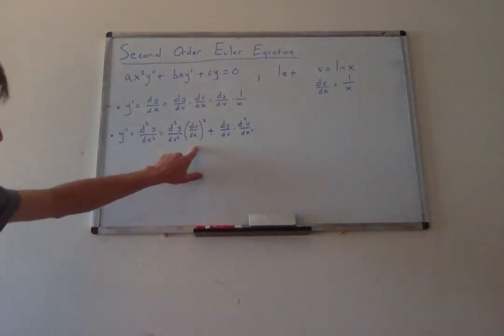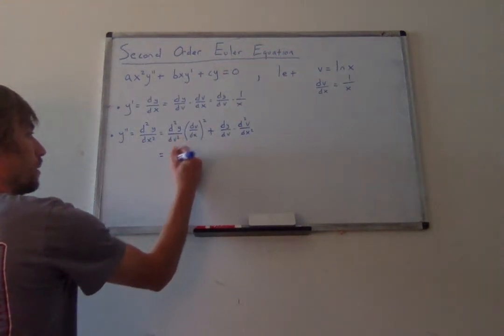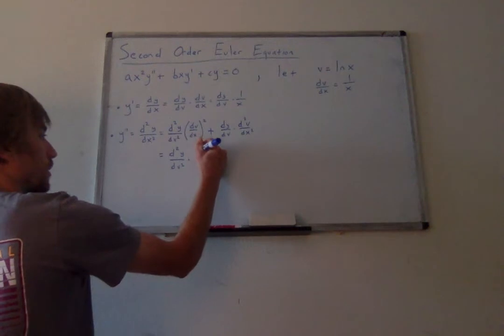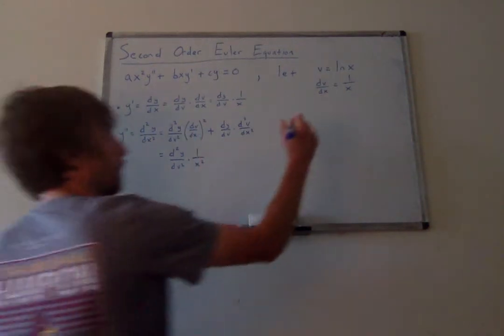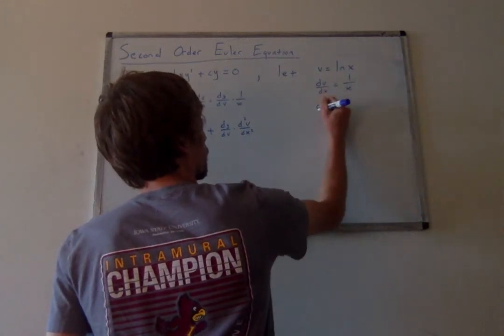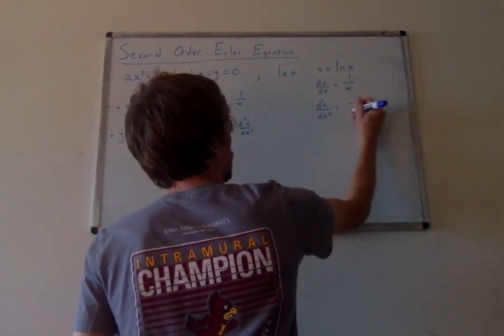So this we know. dv dx we know is 1 over x, so this is 1 over x squared. If I take the derivative again, I would get negative 1 over x squared.